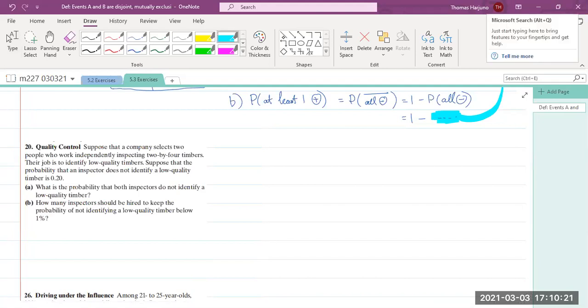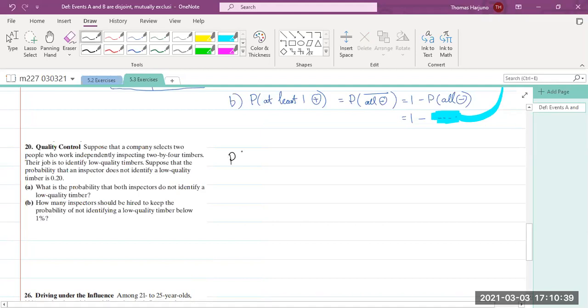Okay. Suppose that a company selects 2 people to work independently, inspecting 2x4 timbers, just doing certain work. Their job is to identify low quality timbers. The probability that an inspector does not identify a low quality timber is 0.2.